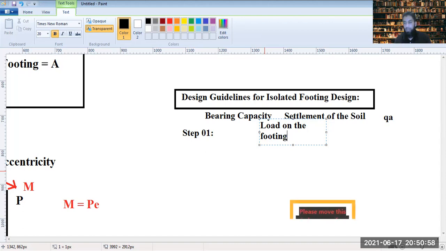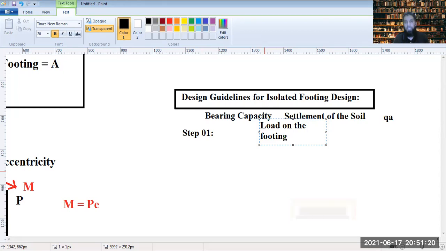Now, coming to the footing design, we have already designed the roof, the beams, the slab, and the columns, and we know the amount of infill of the bricks that will go between the column and beam frame. So we actually now know the amount of load that would be coming onto the footing.